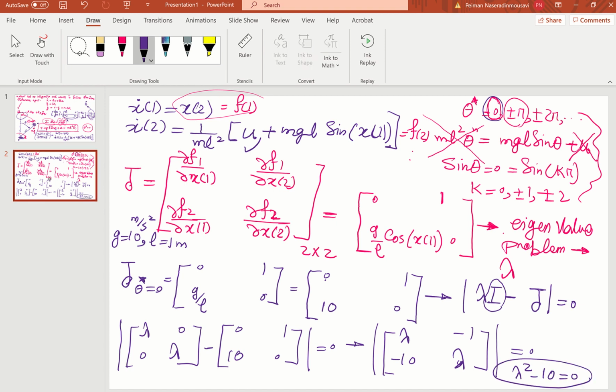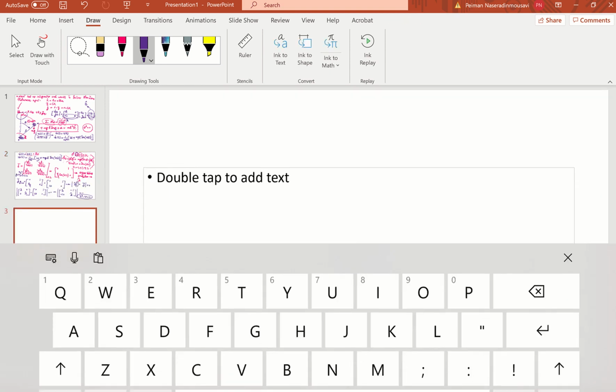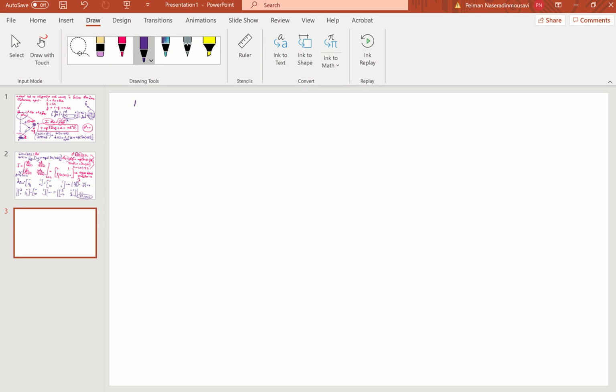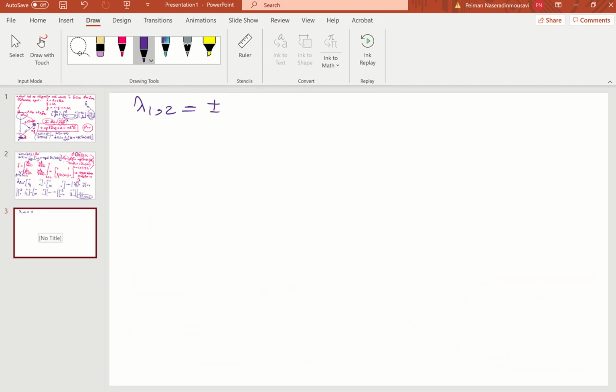Now we have two poles or two eigenvalues by linearization around the equilibrium point. So lambda 1 and lambda 2 will be plus minus 10. And this is the rule in nonlinear control. This is the result I'm teaching you. There are lots of theories and lemmas, but this is not a nonlinear control course.